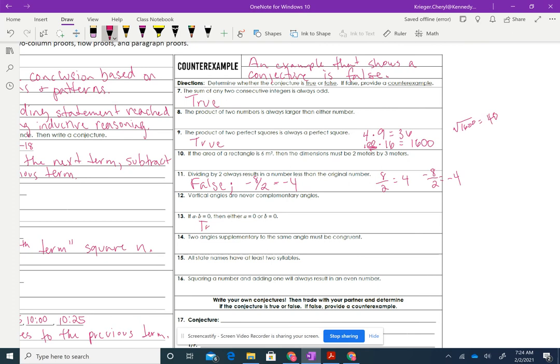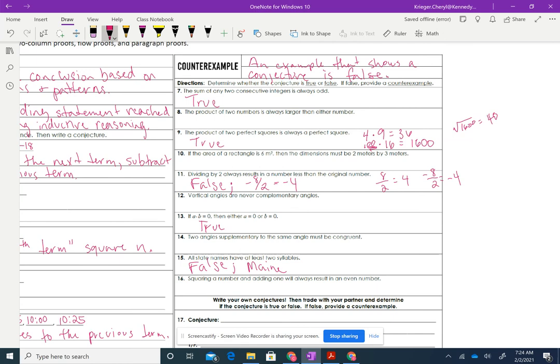Right, if we're multiplying and the product is 0, one of the factors has to be 0. Okay, 15. All state names have at least 2 syllables. Oh gosh. Oh, Maine. False. Maine is 1 syllable.